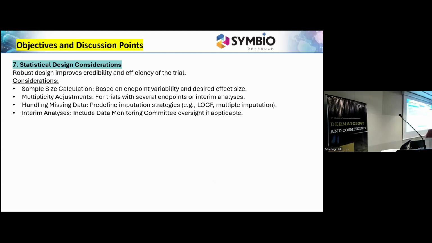Next is multiplicity adjustment. There could be some cases in a clinical trial where, how many of you have been part of an interim analysis, like part of a DMC, Data Monitoring Committee? Anyone? Have you seen any interim analysis results, in between a clinical trial?